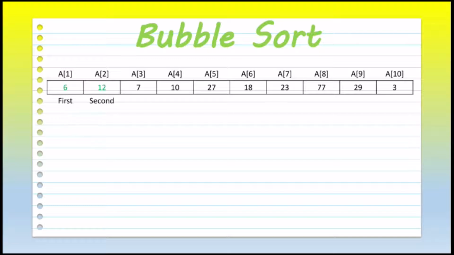So 12 will go to the second position and 6 will come to the first position. After exchanging these two elements, we go for the next two adjacent elements, present at the second position and third position.